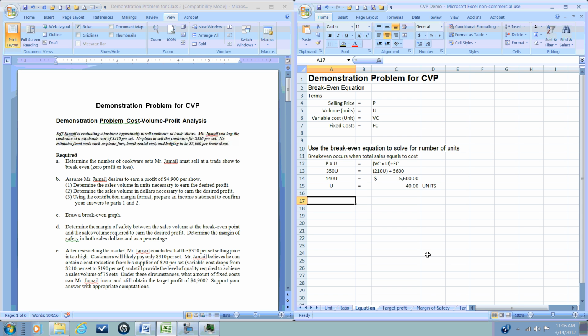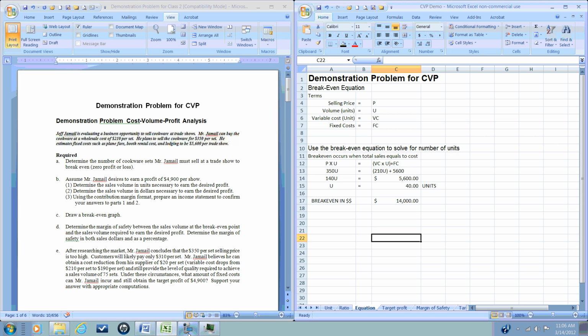We could then determine the break even in dollars by taking the number of units we have to sell, multiplying it by our sales price of 350, and as we've seen in our other problems, the break-even point in dollars is 14,000.